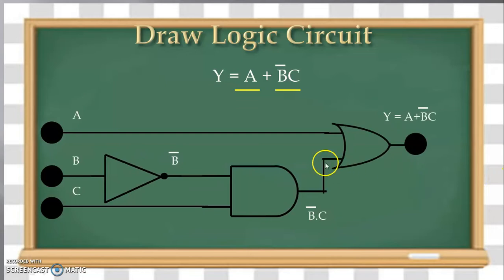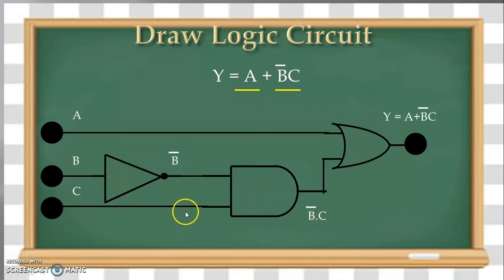So as I said, we have an OR gate, and the output of the OR gate is y is equal to a plus b bar c. Now one of the inputs of the OR gate is a directly, and the other input of the OR gate is b bar c. We have used an AND gate here to get this product b bar c.